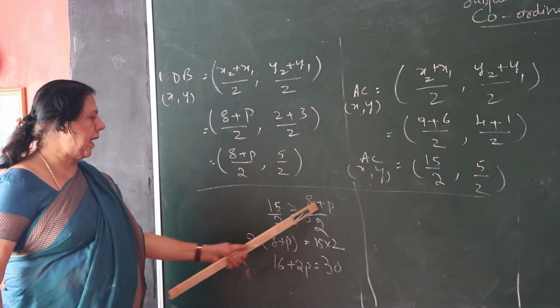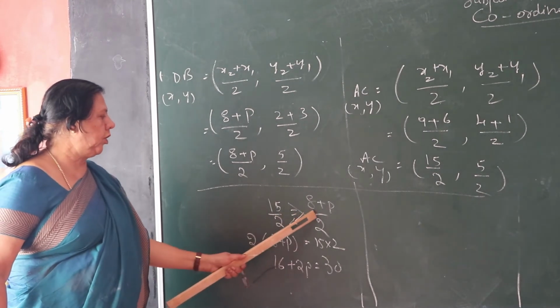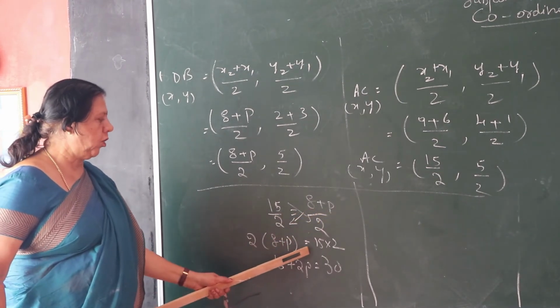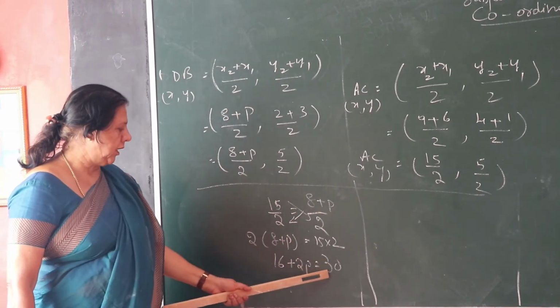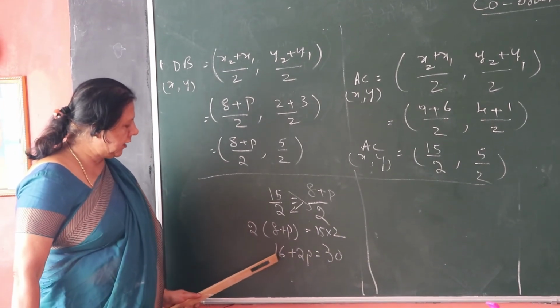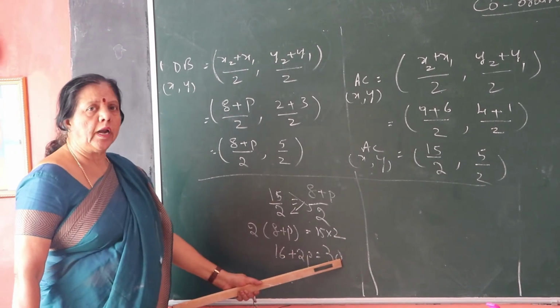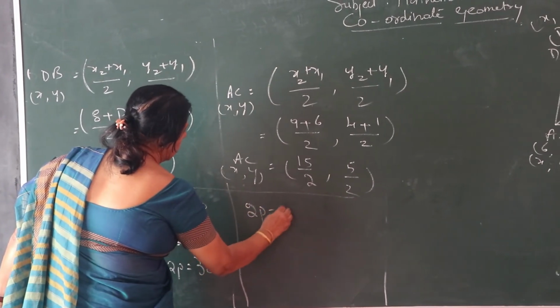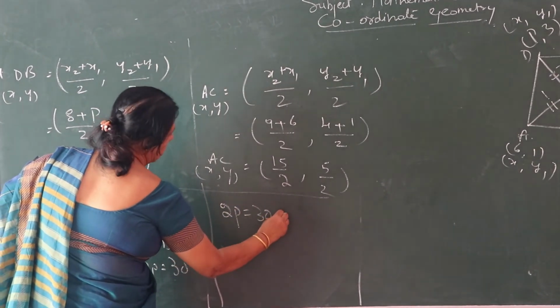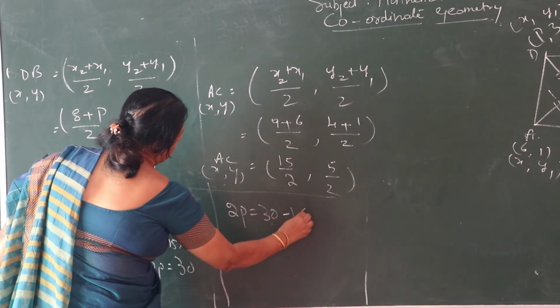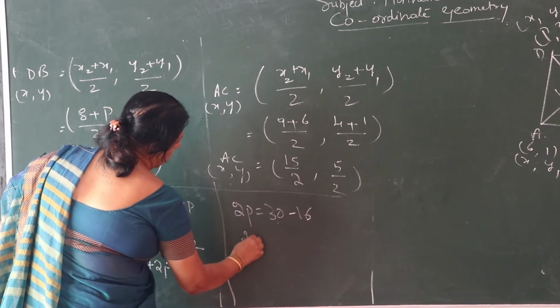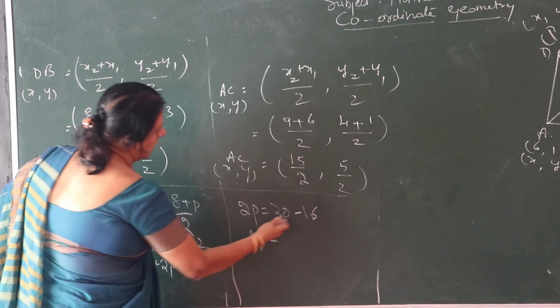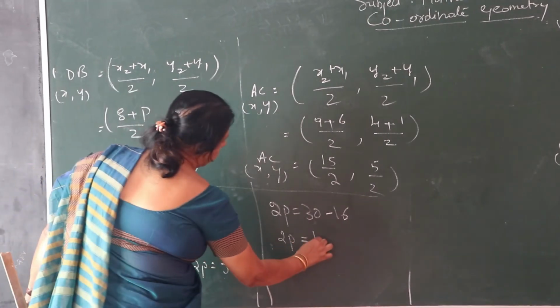See now, by cross multiplication, 2 into 8 plus p is equal to 15 into 2, 30. Then the 16 is shifted to the right hand side. So that is 2p is equal to 30. Shifted, plus 16 becomes minus 16. So here 2p is equal to, what is the value? 14.